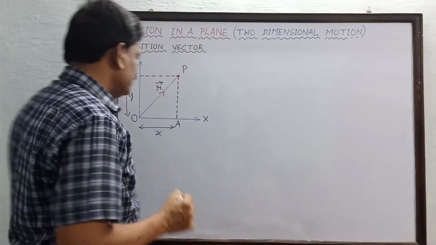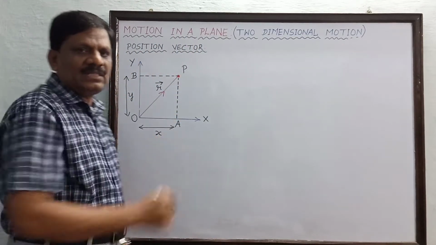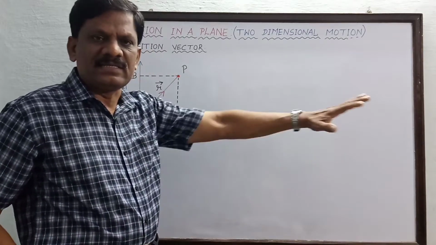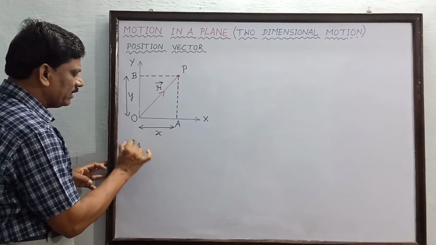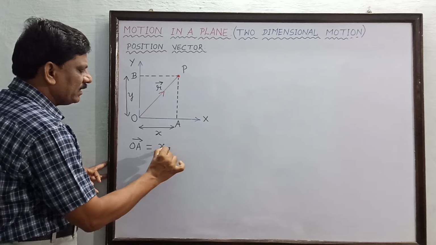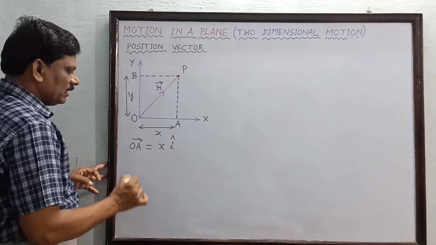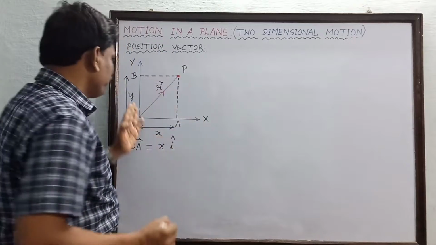OA, if you multiply this x with the unit vector along the x-axis, then this OA vector is equal to x into i cap. Similarly, here OB is along the y-axis.